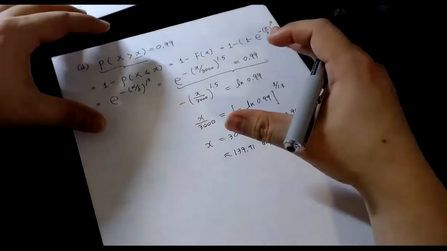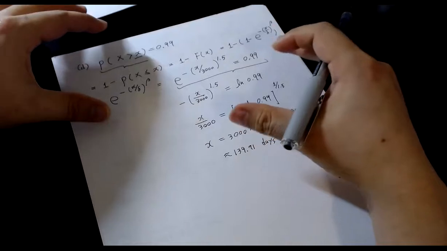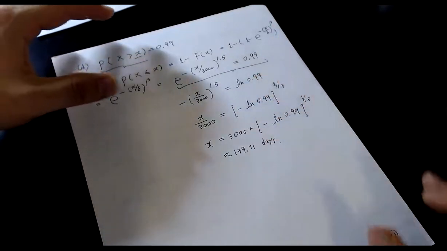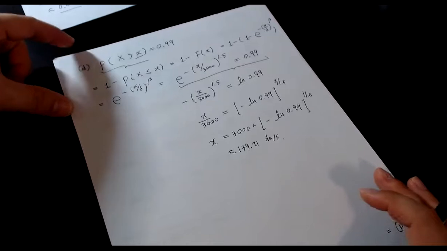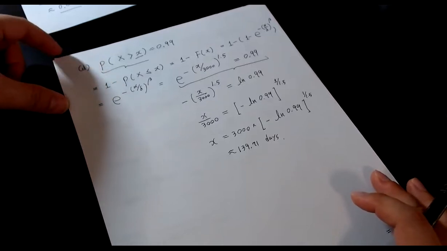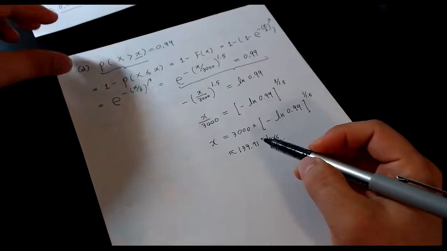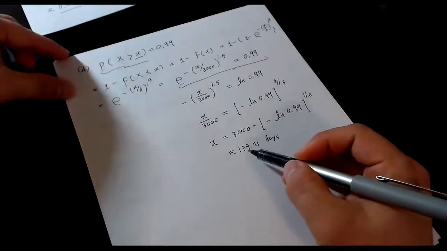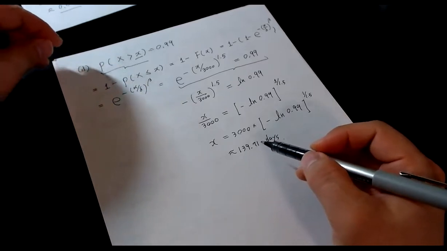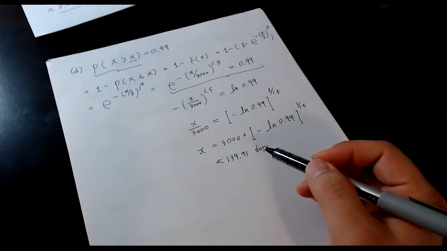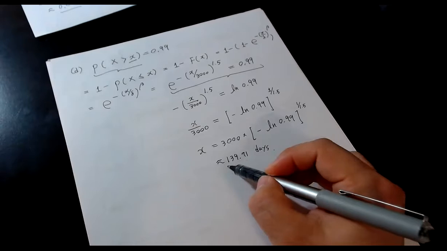So here we applied the Weibull distribution with delta 3000 and beta 1.5. The lifetime for that Weibull distribution, where the probability is greater than 99%, is 139.71 days.